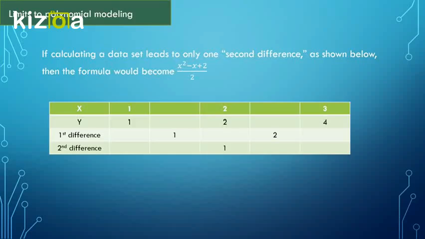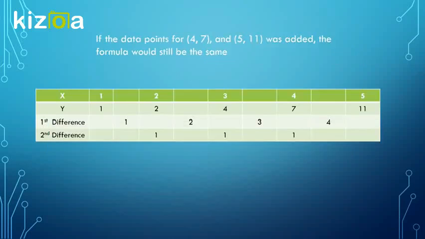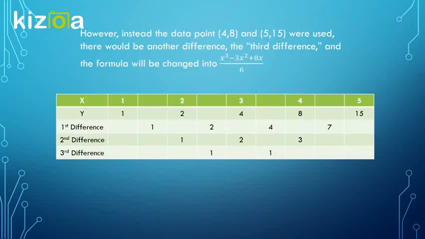Now then, if the data points (4, 7) and (5, 11) were added, the formula would still be the same as shown before, even though there is a repeating integer. But if instead the data points (4, 8) and (5, 15) were used, there will be another difference, the third difference, and the formula will change into x cubed minus 3x squared plus 8x over 6.